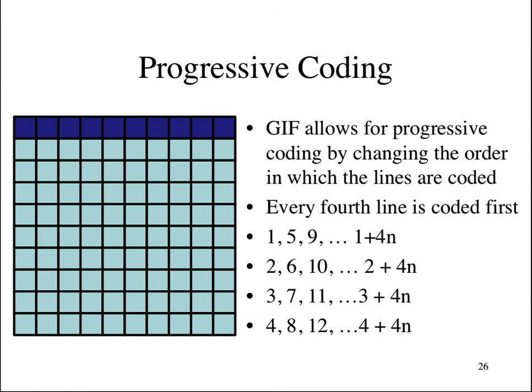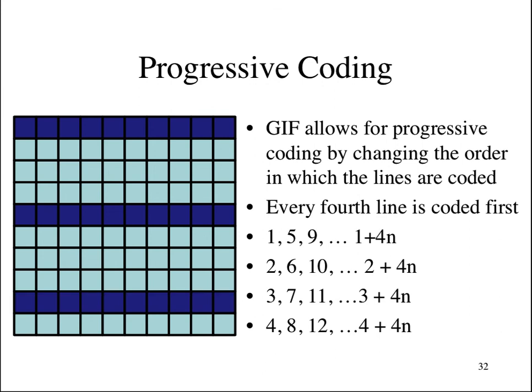When it's in progressive mode, what it does is it skips ahead. So it does line number 1 and then line number 5, and then line number 9. So it would do every 4th line. And then when it gets to the bottom, it would go back up and start again. And incidentally, then it does line 2 and 6.